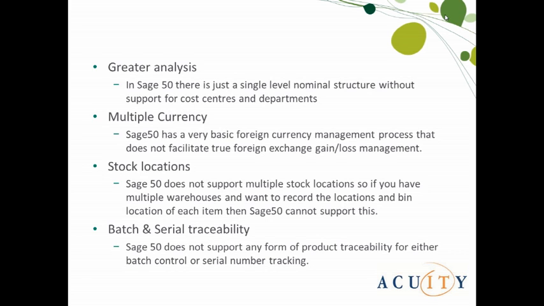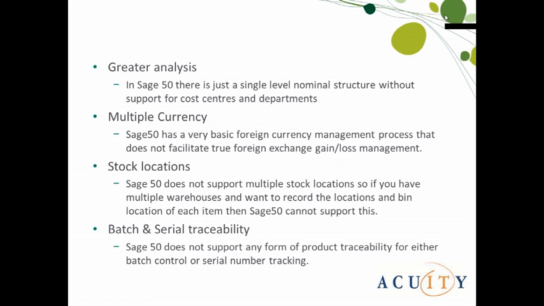It's also effectively only a single level nominal structure with Sage 50, so it doesn't really support cost centers or departments or indeed additional layers of analysis or segmentation on the general ledger or nominal ledger. Another area in particular is multiple currencies. Sage 50 has very basic foreign currency management processes and doesn't typically allow you to effectively manage foreign exchange gain and loss through your nominal ledger.